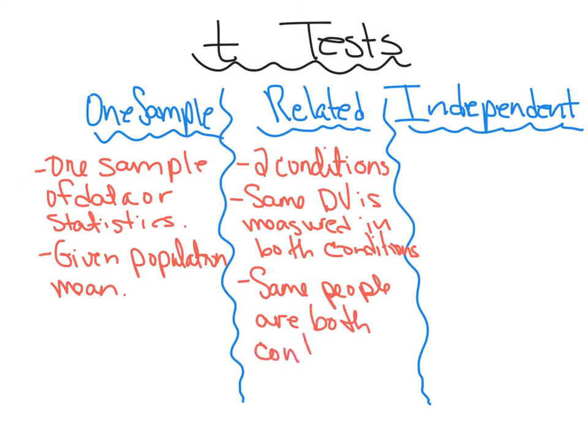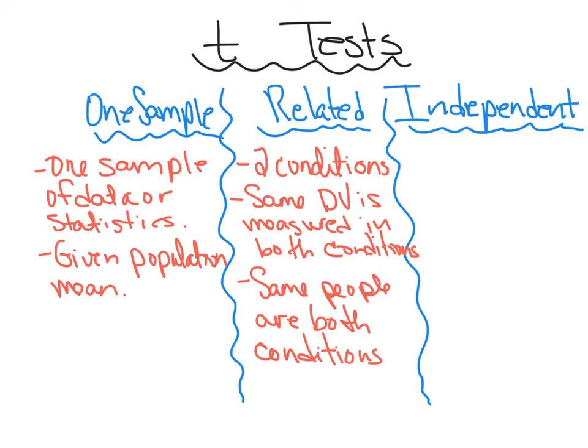So those are some key things you're looking for. So you have two conditions, two samples, but the same people are in those samples. And the conditions are different, but the dependent variable that's being measured is the same in both of those conditions.